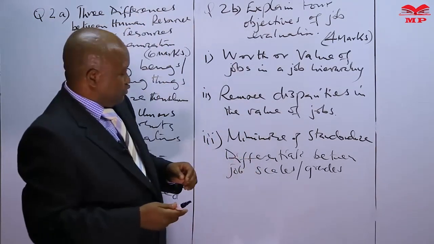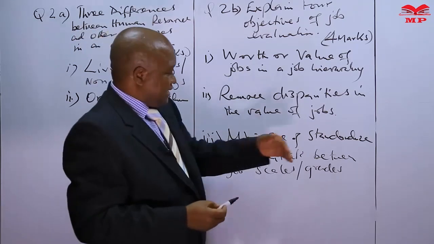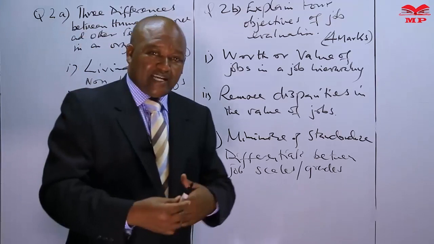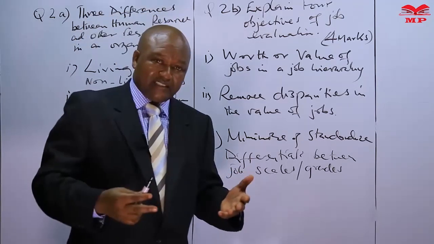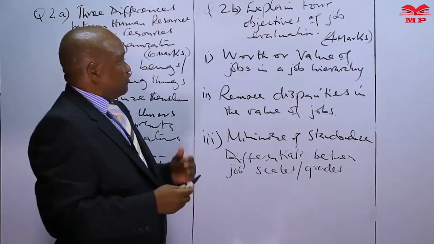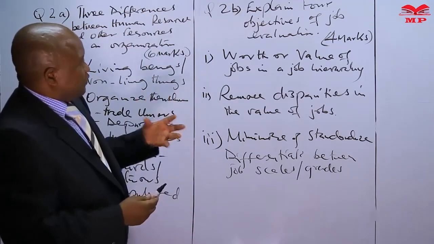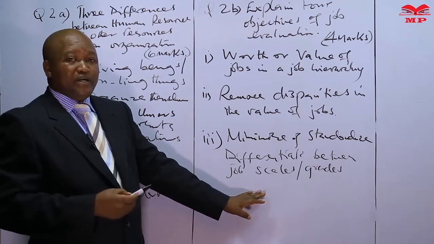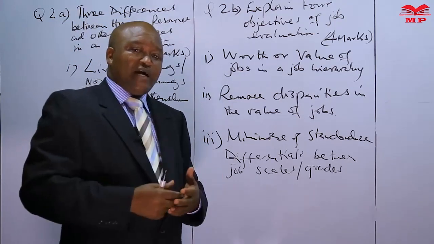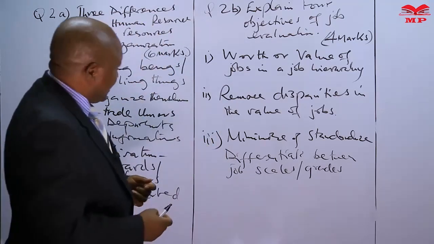So the objective of job evaluation is to ensure that these differentials between jobs or scales can be minimized or standardized so that in a job hierarchy, it is possible to evaluate or value jobs in such a way that these differences are minimized for purposes of reducing complaints that may occur when workers complain about this.